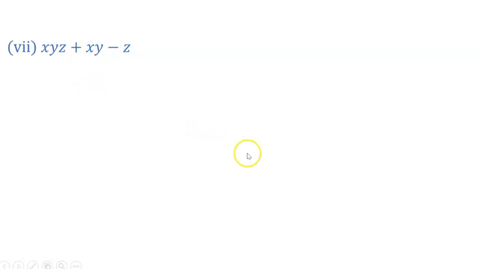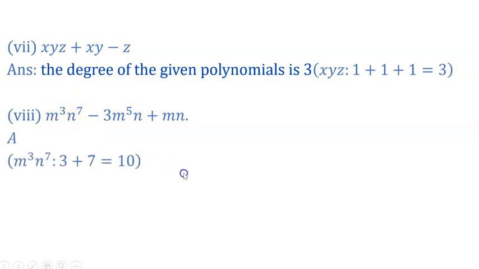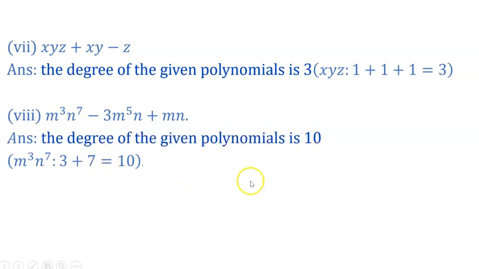The sum of all these powers is 1 plus 1 plus 1, that is equal to 3. Therefore, the degree of the given polynomial is 3. Next, m raised to 3 n raised to 7 minus 3 m raised to 5 n plus mn. Here 3 plus 7 is the highest number. Therefore, the degree of this polynomial is 10.